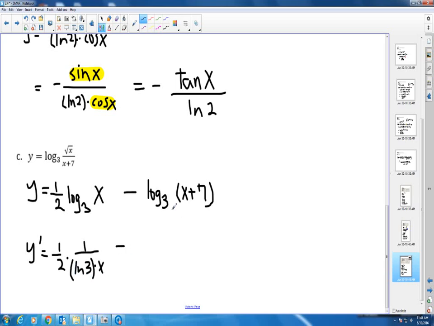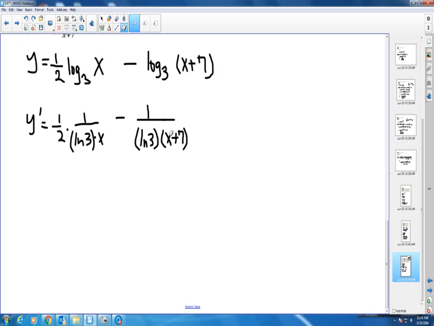Alright, minus 1 over natural log of my base, times my u, which is the entire x plus 7, times the derivative of my u, which is 1 again. I'm not even going to write it. Okay, so here we go. Now let's clean this up a little bit. This is a little bit messy.